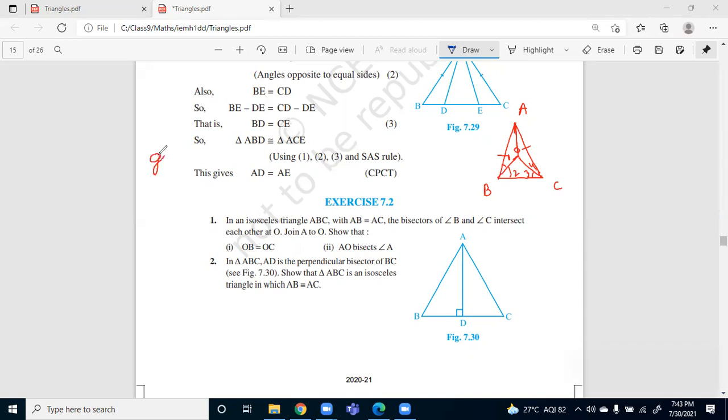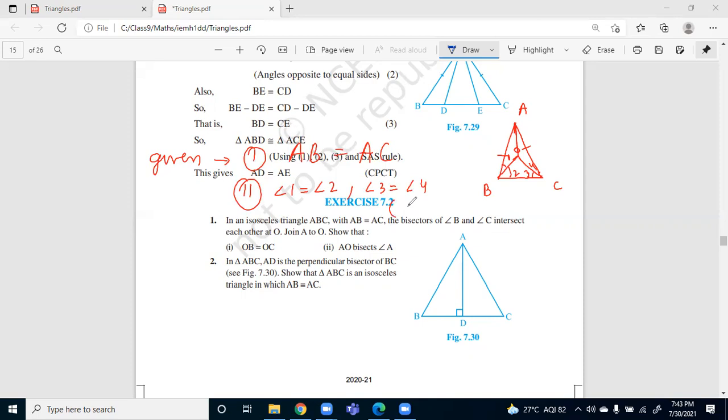First we will be writing the given things. The first thing given is AB is equal to AC, so I am writing that. The second thing given: angle 1 is equal to angle 2 and angle 3 is equal to angle 4.